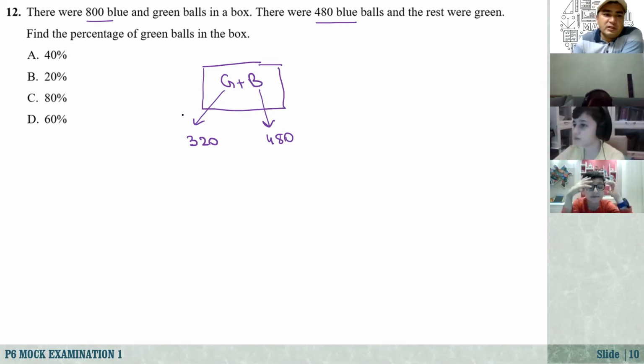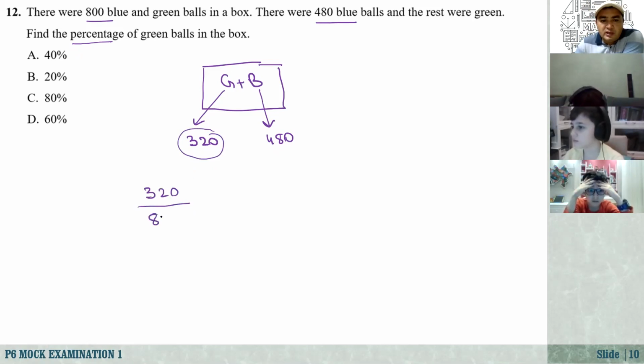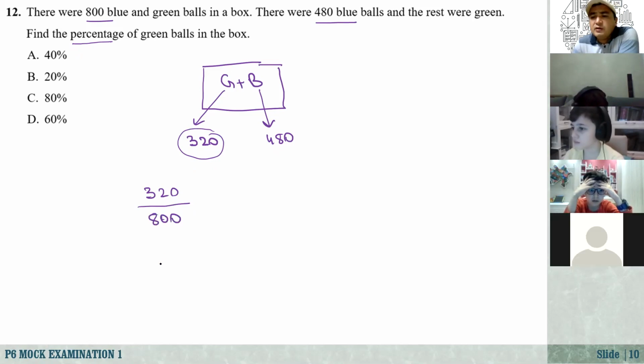Now, what is the question here? Find the percentage of green balls in the box. So we have 320 green balls. Altogether, how many balls? We have 800, right? So now that's a kind of fraction. To change a fraction into a percentage, we have to multiply it by 100%.